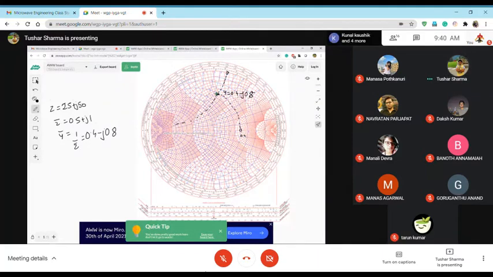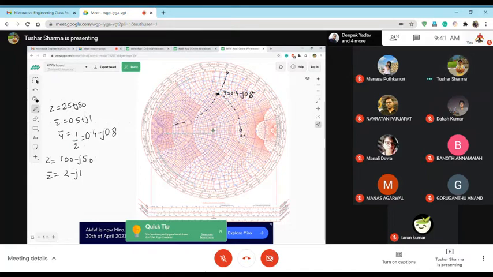Now that we know how to plot, let's take another example. I just want to take one last example and then move on. Z was 100 minus j50, so this will be 2 minus j1. Let's do it fast.